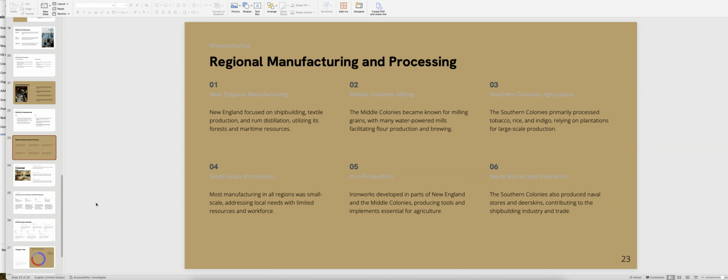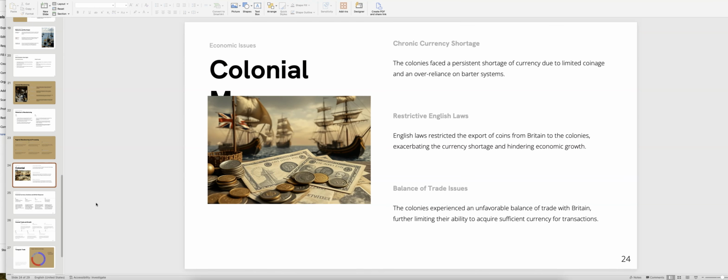And in New England, again, you are seeing that shipbuilding to some extent. But what's common, even though there are these differences in the colonies, is that they don't really care that much about manufacturing. At least the people don't. The focus is really on the agriculture because of that connection to the land.